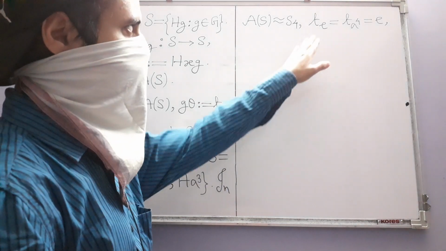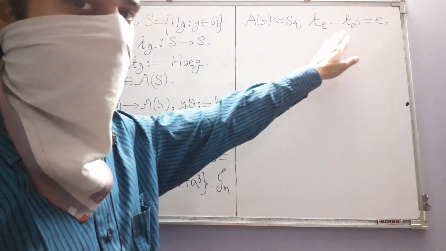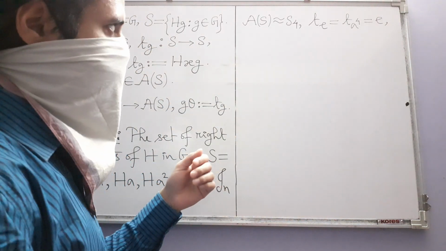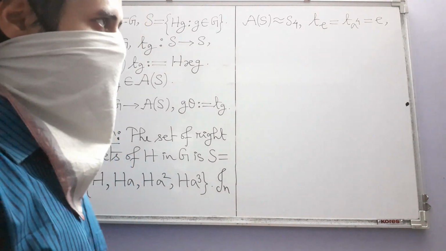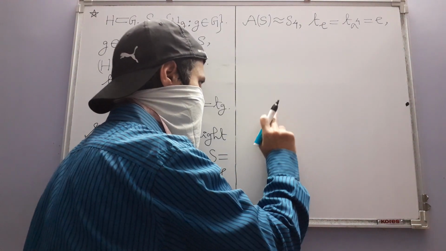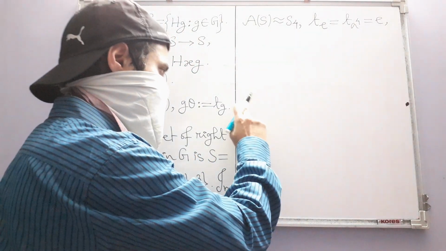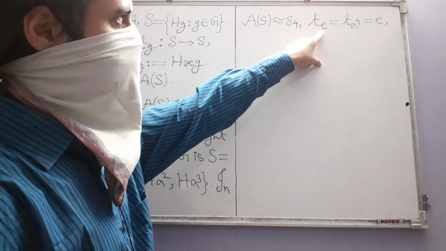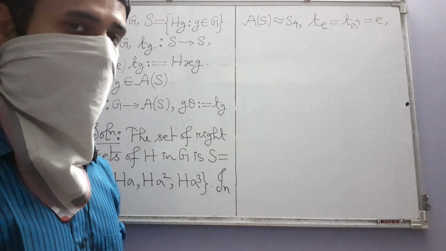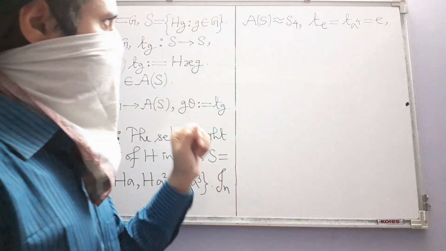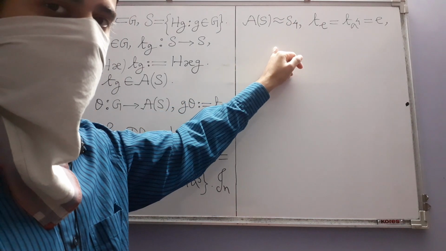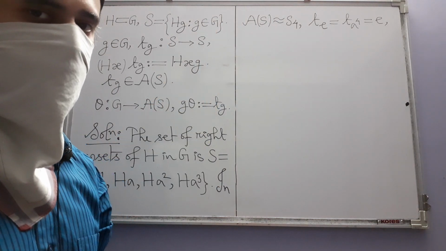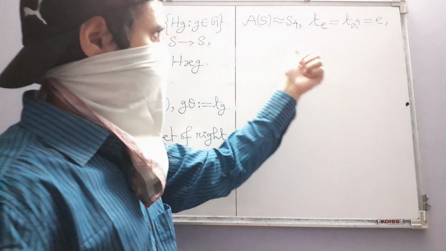Keep in mind that we have already written this kind of thing for the original permutation representation, and also for the second permutation representation, that is, tau suffix E we wrote is E, lambda suffix E is also E. In those equations we interpreted this E as the E coming from the original group G, and this E as the E in this group, that is the identity map on S, which is in fact the identity element in this group.